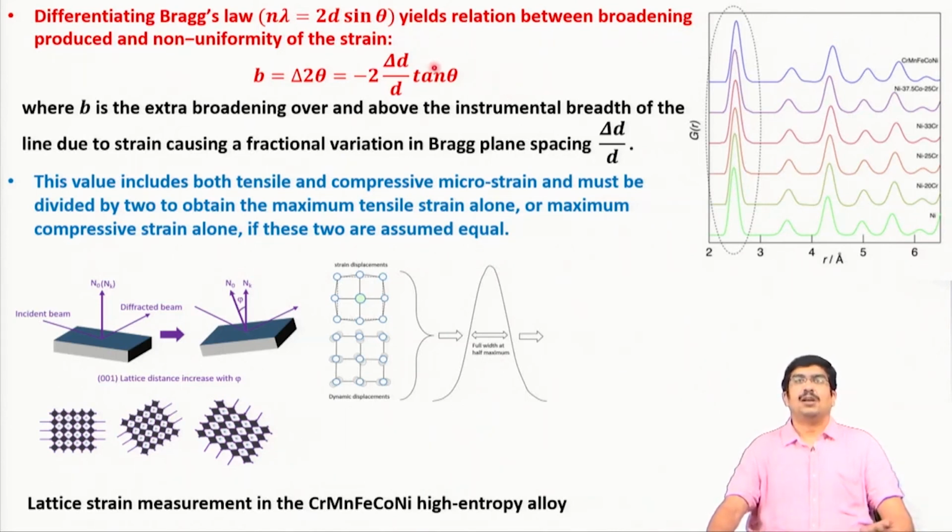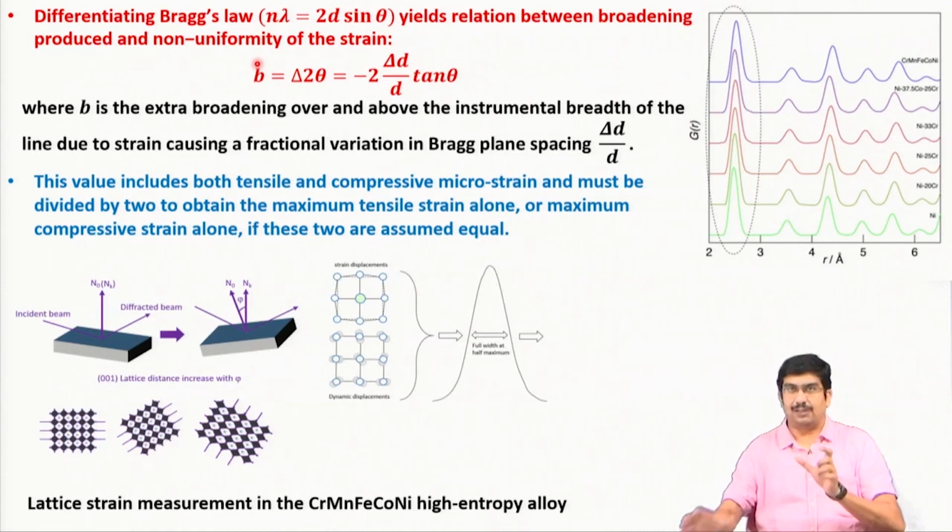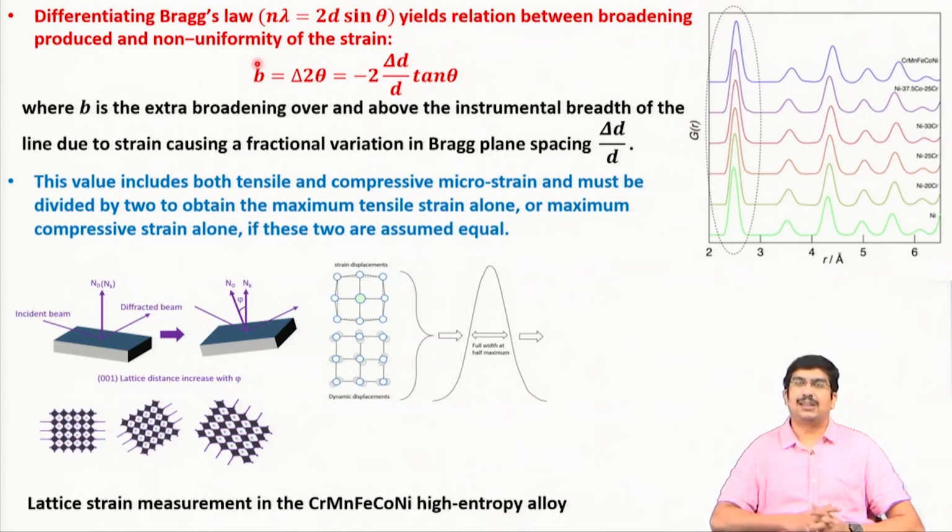So n is 1. If we differentiate that, what we get is the width of the peak, which is basically delta 2 theta. If you remember our discussion in the last class, 2 theta 1 minus 2 theta 2 is the broadening, and ultimately we were getting b equals theta 1 minus theta 2. Same thing we are getting here: we differentiate this entire Bragg's law, and what we can write is minus 2 delta d by d into tan theta.